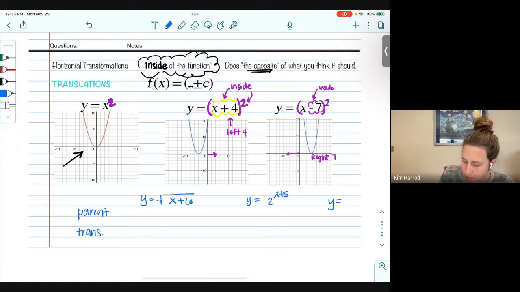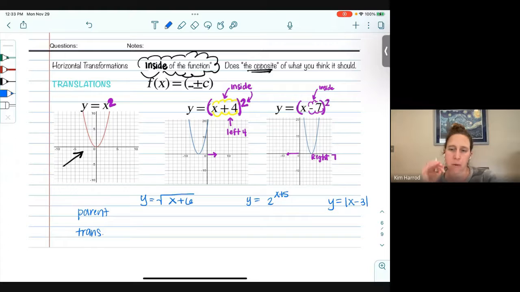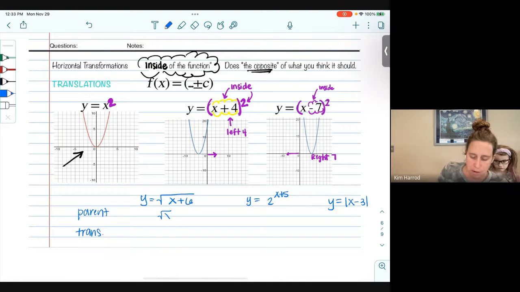And let's do one more. How about that one? So I was very conscious not to name those as I wrote them because I didn't want to give away what the parent functions were by calling them by sight. So my parent function here, the identifying feature is the square root of x.